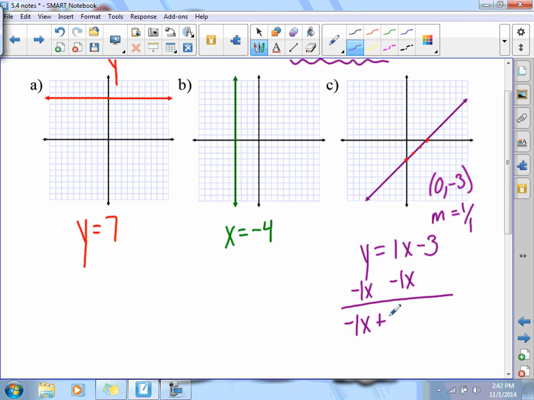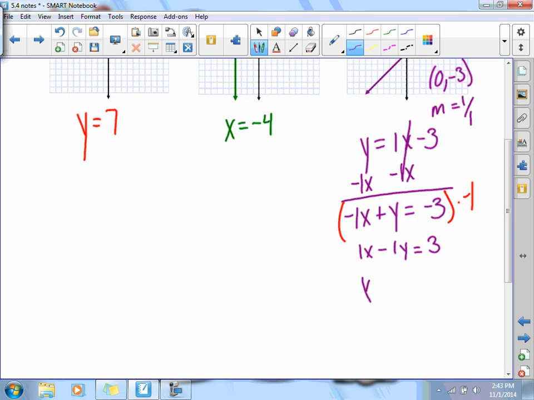I'm going to write the x first. Don't forget this little negative with the 3. That -3 is like a -3 now. And then I do have to multiply everything by -1, so that way I change all the signs. I can't have this lead term being negative, so now I'll have 1x minus 1y equals 3. Or you could just write x minus y equals 3. You don't have to have the 1's in there if you don't want them in there.